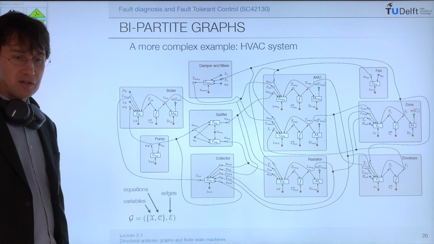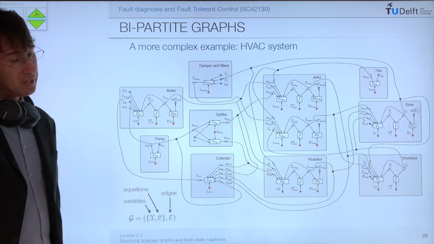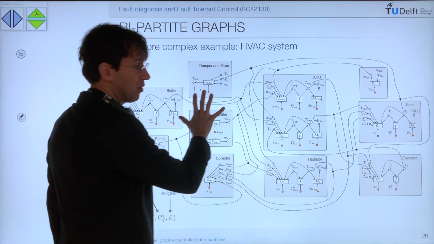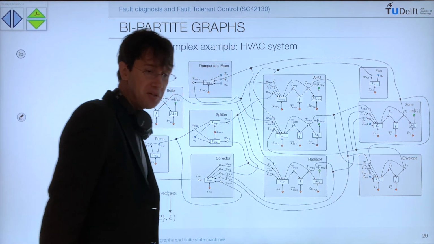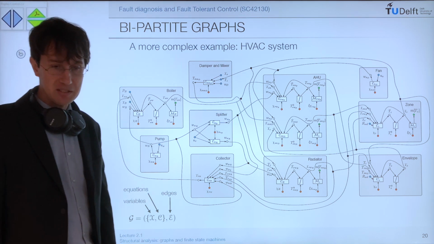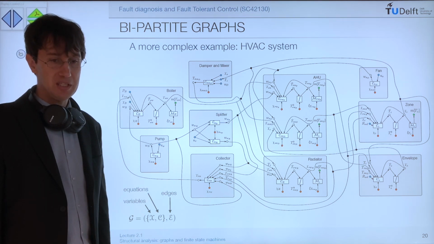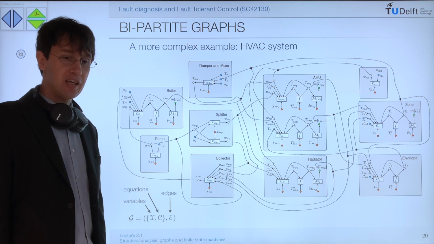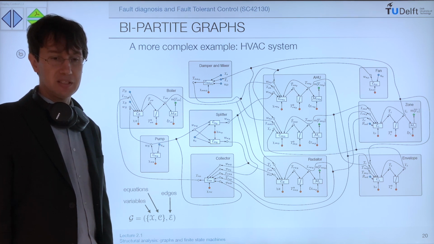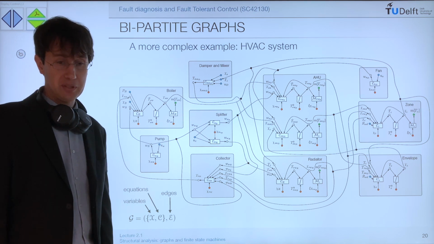So if you consider the complete HVAC example, the structural graph is all this. Now you see that answering the question whether some quantity is computable or not, if I can get analytical redundancy relation, is not so straightforward.